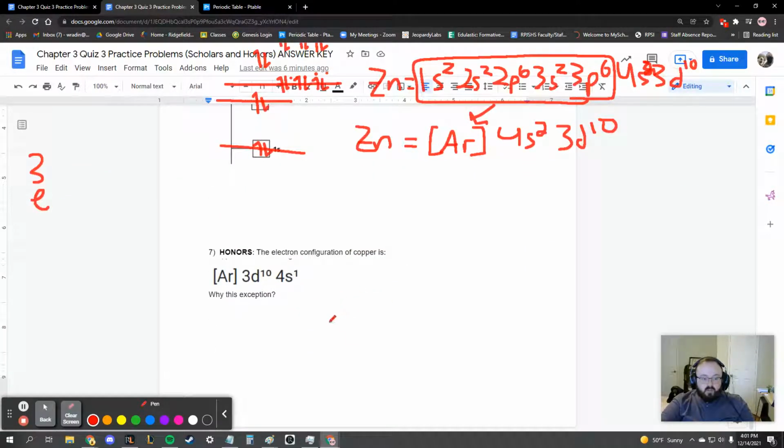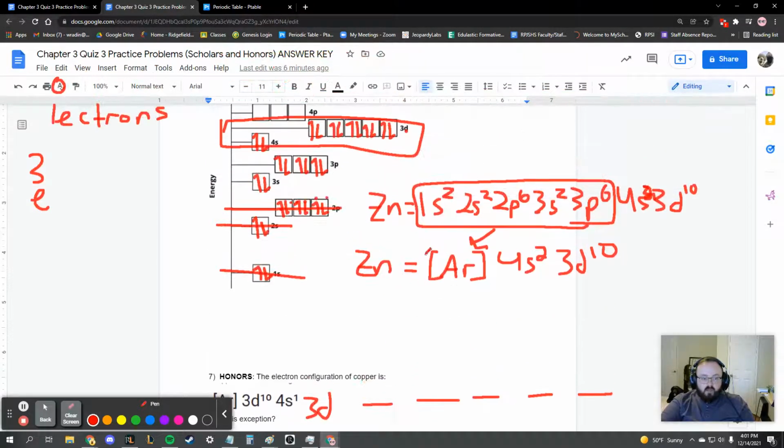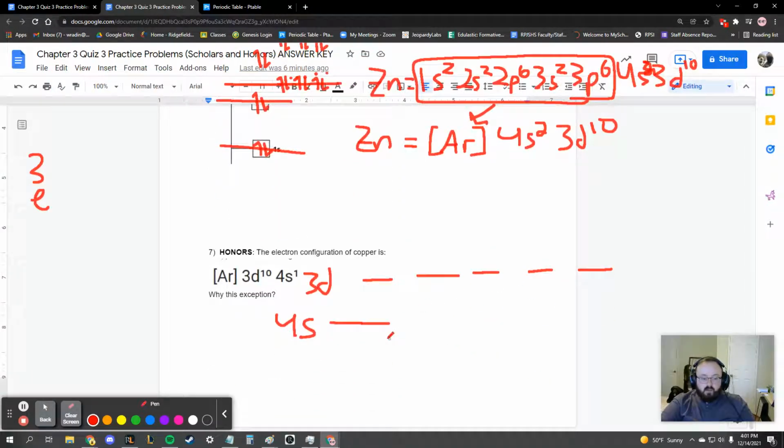All right. So here is our 4s, and here is our 3d. Now these are the 5 slots in them. All right. So instead of boxes, I'm just putting lines. All right.